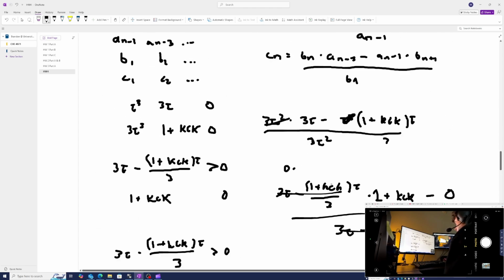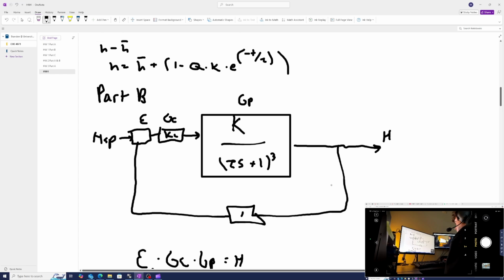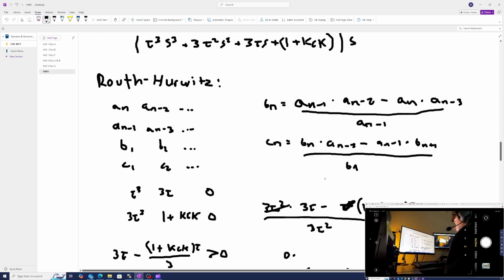We then need to get our Bn and our Cn. So an minus 1, an minus 2.